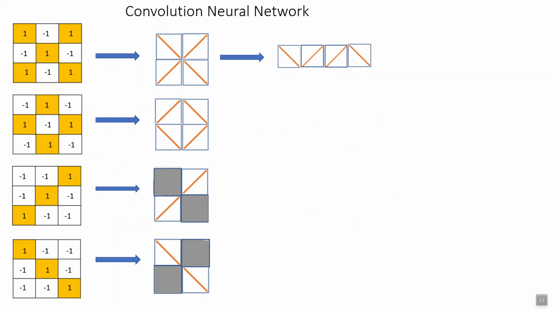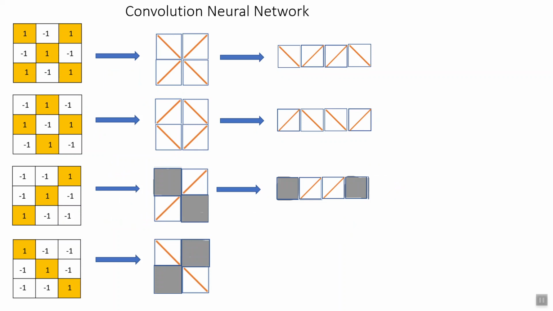The computer doesn't really see this in a 2 by 2 way, it actually reads it in a string form. So it reads x in the following way: backward slash, forward slash, forward slash and backward slash. Similarly for the O: forward slash, backward slash, backward slash and forward slash.